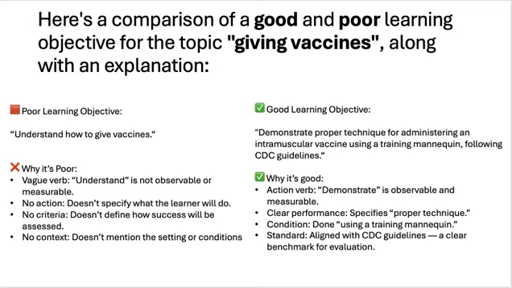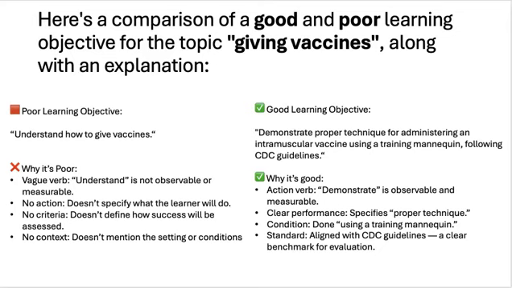So here is a comparison on giving vaccines. Students will be able to understand how to give vaccines. It's poor because understand is not observable or measurable. It doesn't specify what the learner will be able to do, and that just doesn't define how success will be assessed.